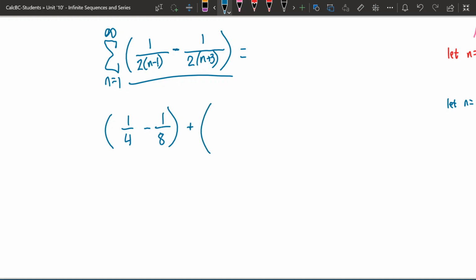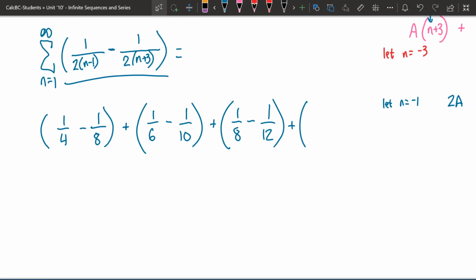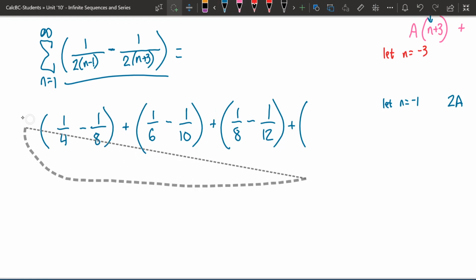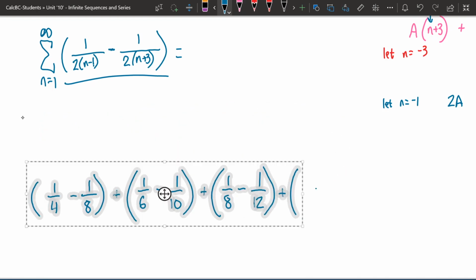Plugging in 2 to get our second term, we get 1/6, and so on. And for this one, I think it'll be valuable to go out maybe an extra term or two.